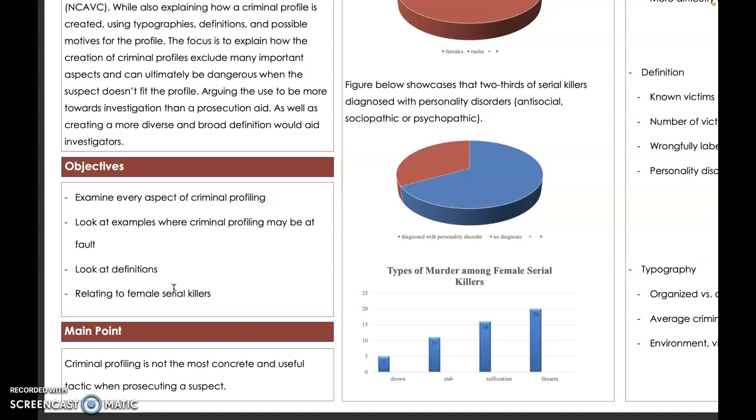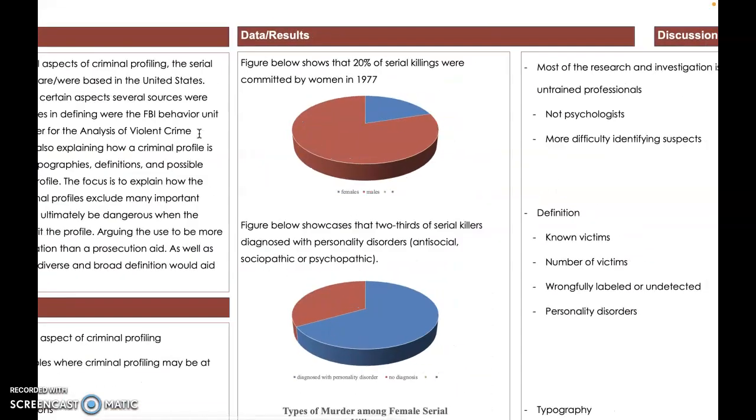And then the overall main point, which is criminal profiling is not the most concrete and useful tactic when prosecuting a suspect, which is why as well they're abstract and mention it should be used only for investigations.